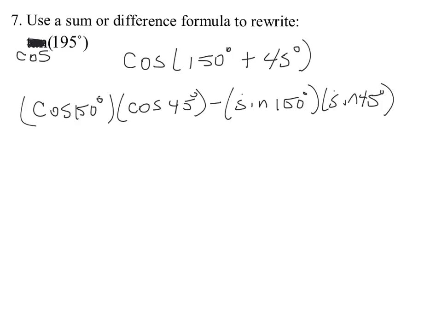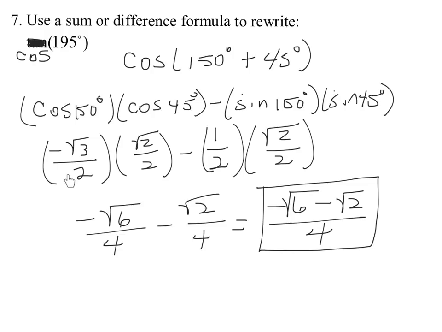You need to pay very close attention to which formula you're using and what the signs are doing, like plus or minus. So this one changes to a minus sign: sine of 150 times sine of 45. So we go to our unit circle, we find these values, and we simplify.